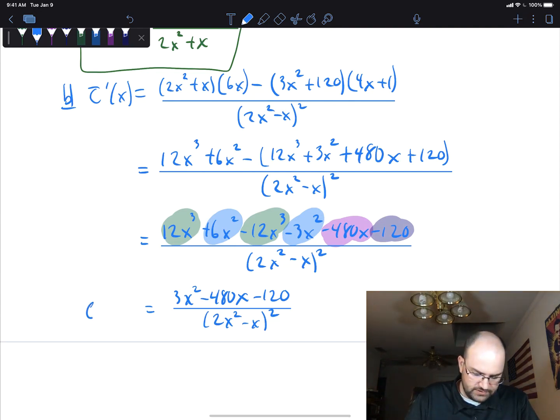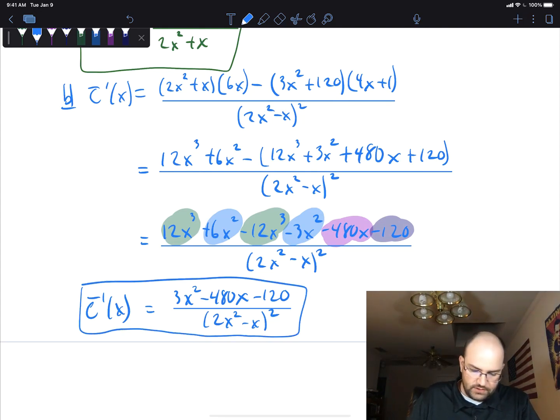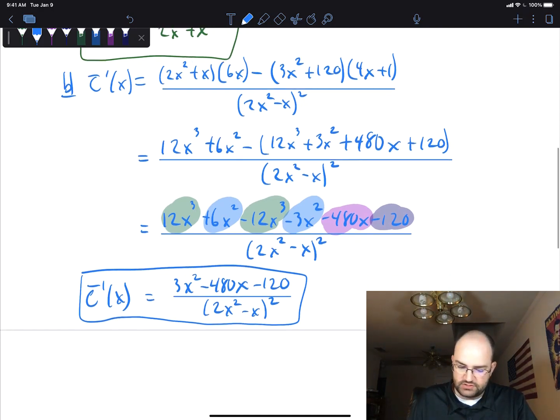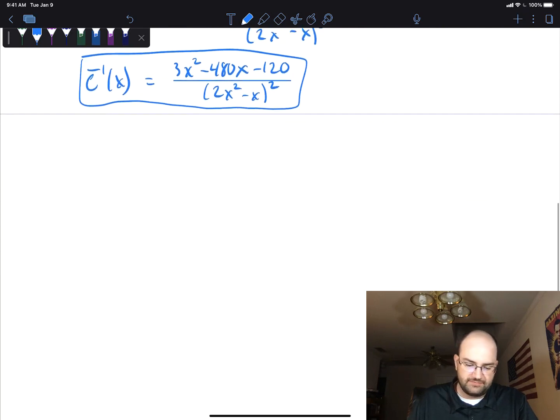Now this should be C bar prime of x, and I'm just curious if this will simplify at all. Notice that the denominator is x times 2x plus 1, all squared, right? The reason that I'm curious about this is the following. We have, in the numerator, a common factor of 3. So if I factor out the 3, we get 3 times x squared minus, now 3 goes into 480 how many times?